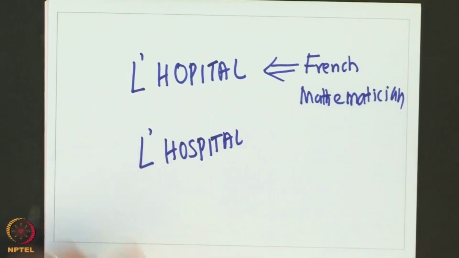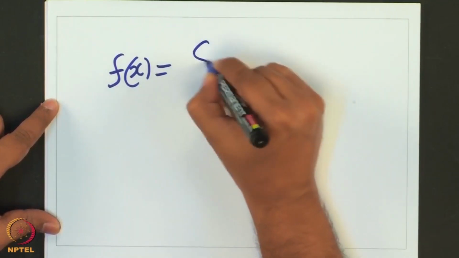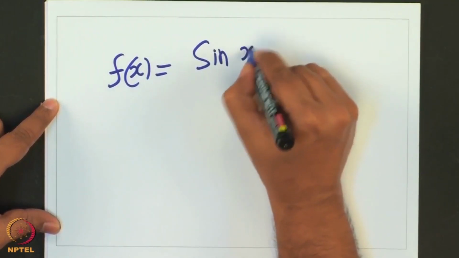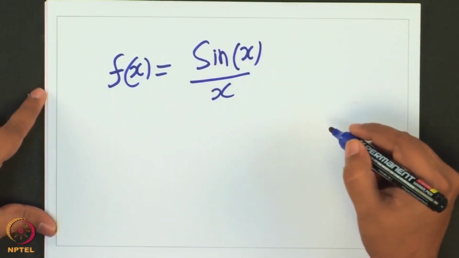This rule by the mathematician L'Hopital is very useful in mathematics, and it is used when we have to evaluate some function at some particular point. Let us consider the function sin x by x, so f of x is sin x divided by x.